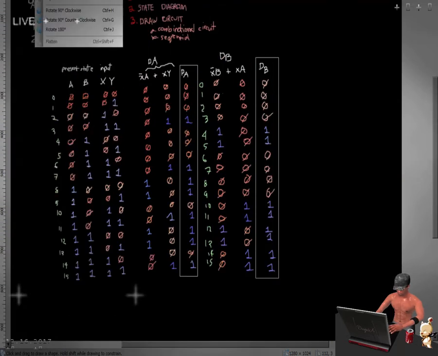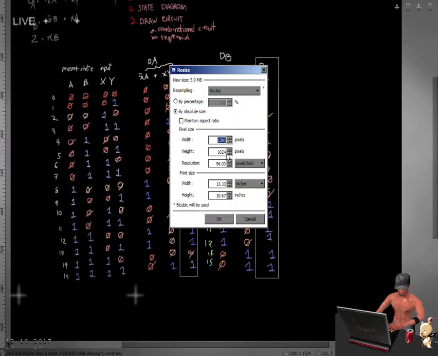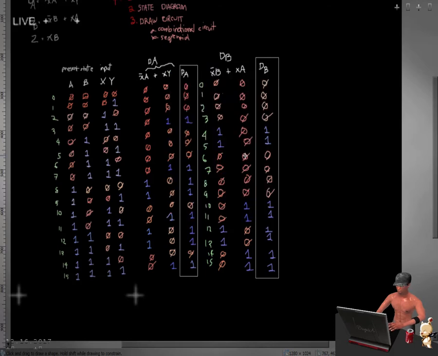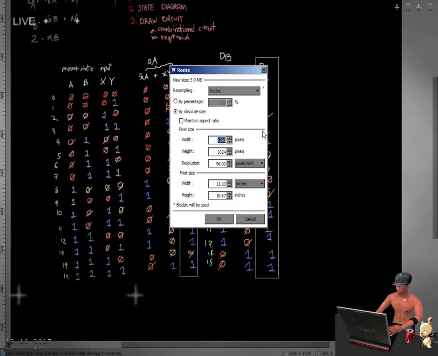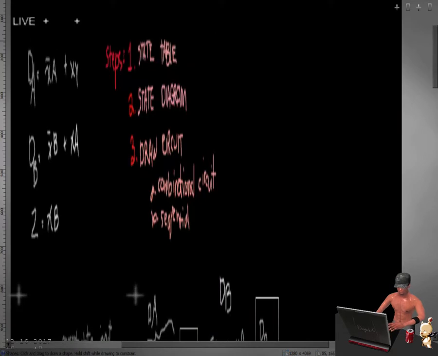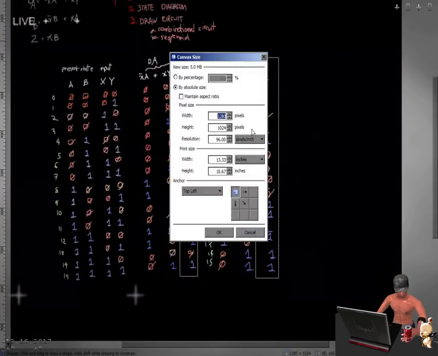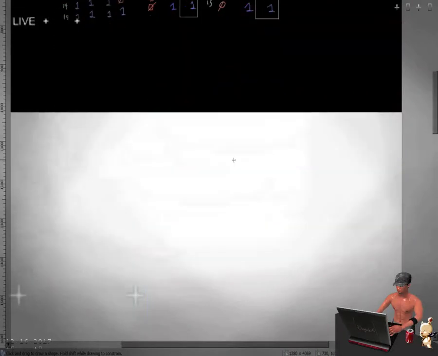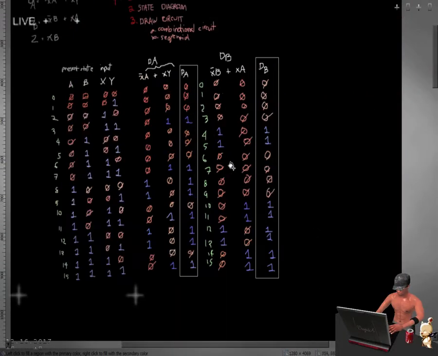Now we gotta resize this because we want more space. Canvas size. All right, we're making it a little bigger. All right, now we got more space.